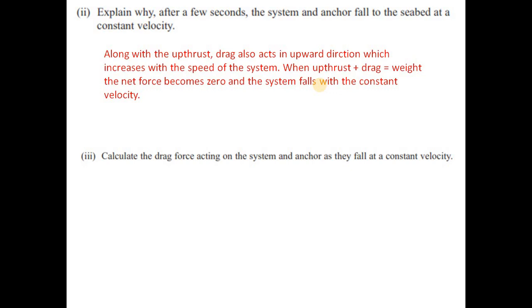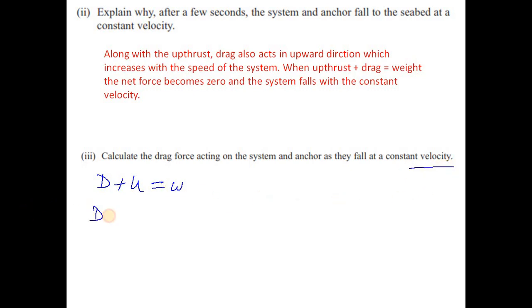Calculate the drag force acting on the system and anchor as they fall at a constant velocity. So drag force: D plus U equal to W, because it's falling with a constant velocity.